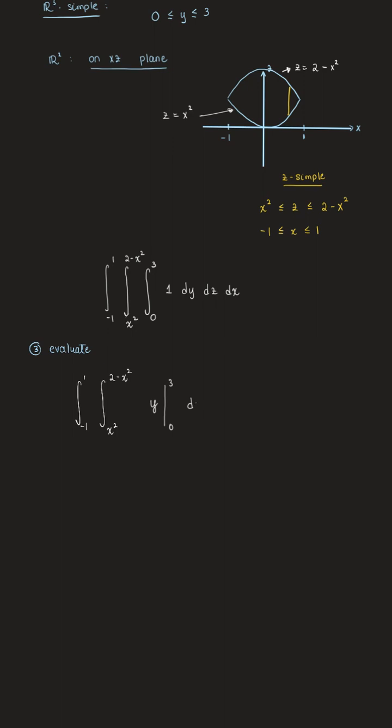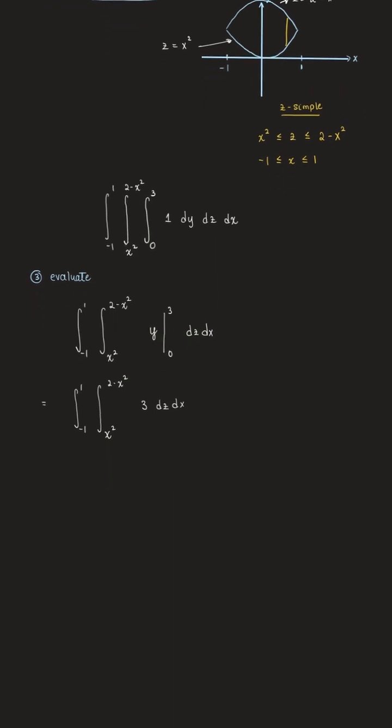We still have then the dz and the dx. And integrating our innermost integral by applying the fundamental theorem of calculus, that's going to give us just a 3. So we have 3 dz dx, because that was in terms of y.